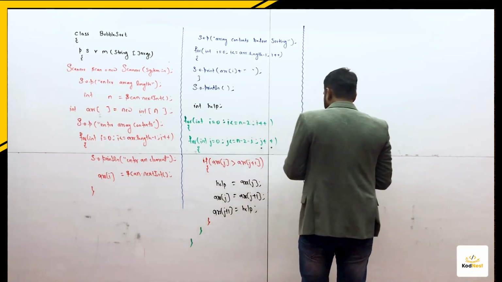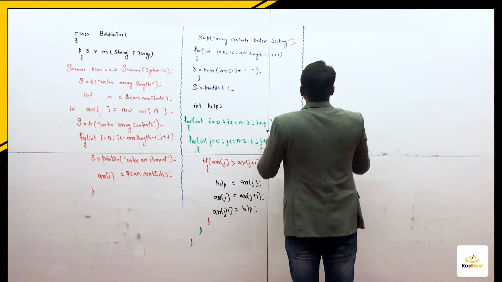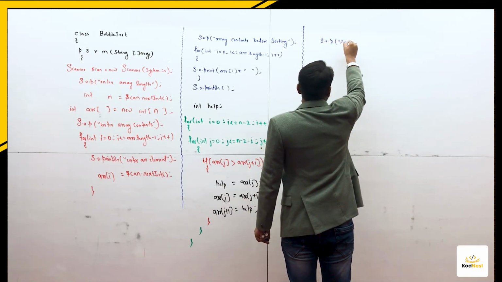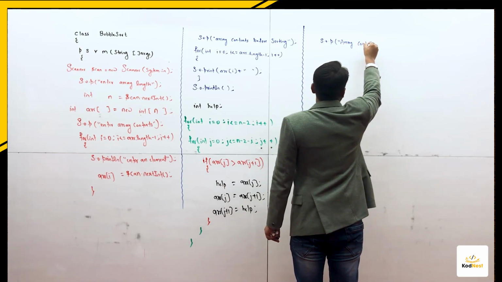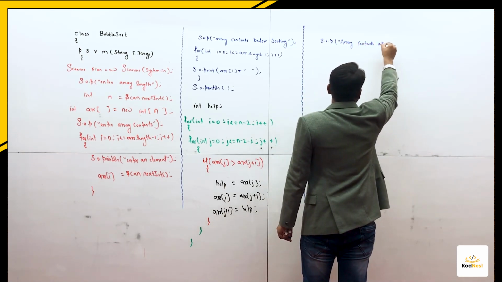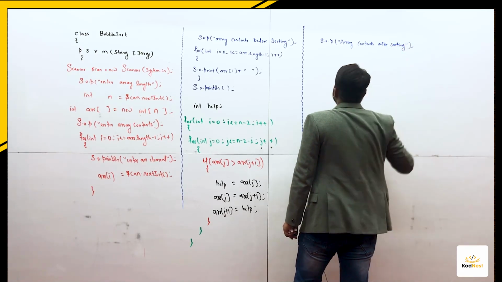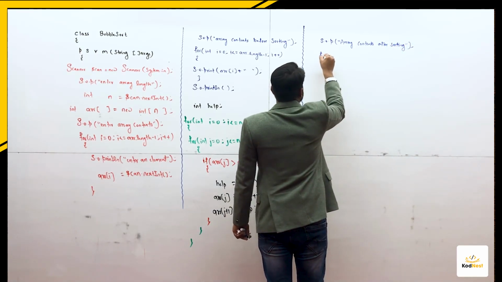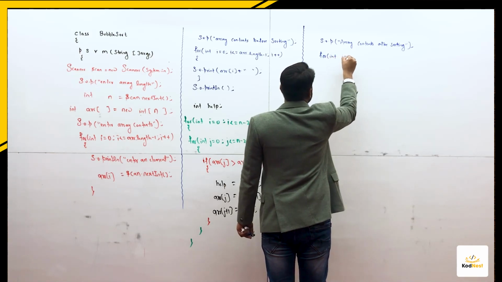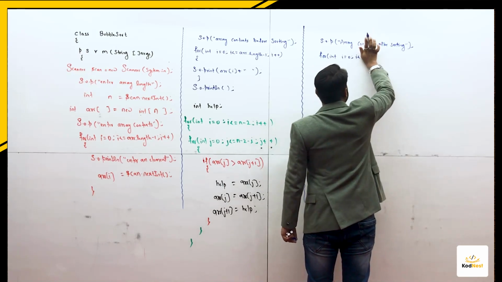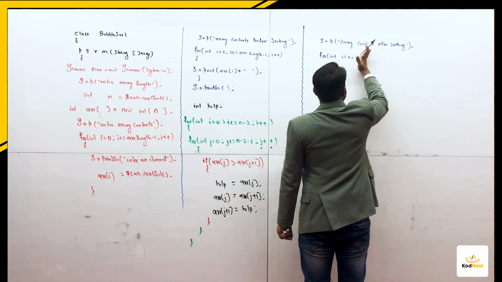Here I would write System.out.println "array contents after sorting". Start printing the contents from the 0th index, go until array.length minus 1th index, i++.